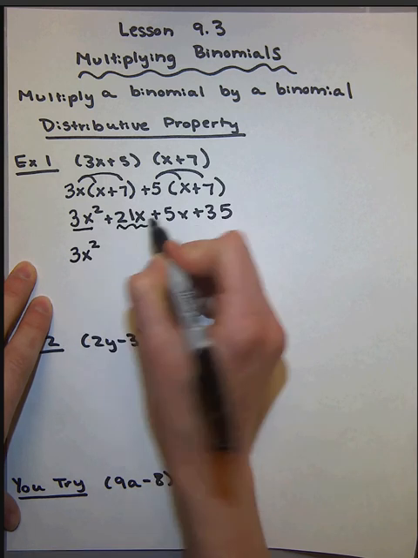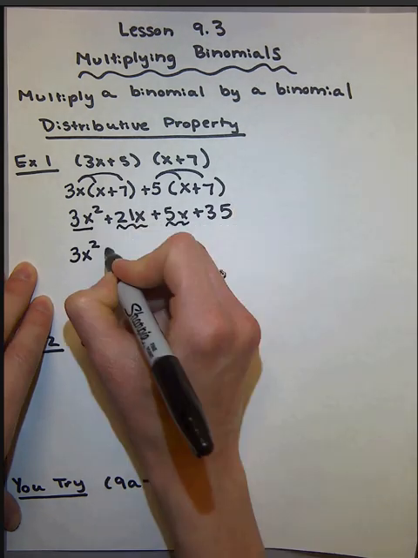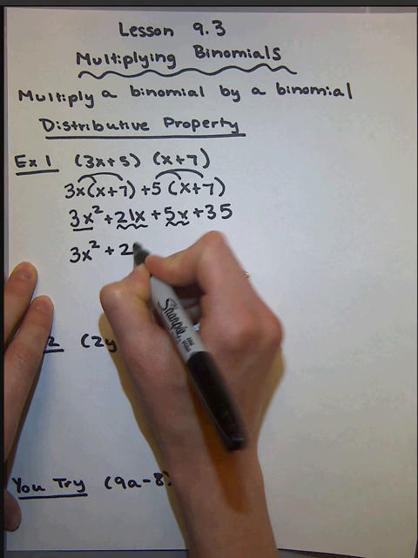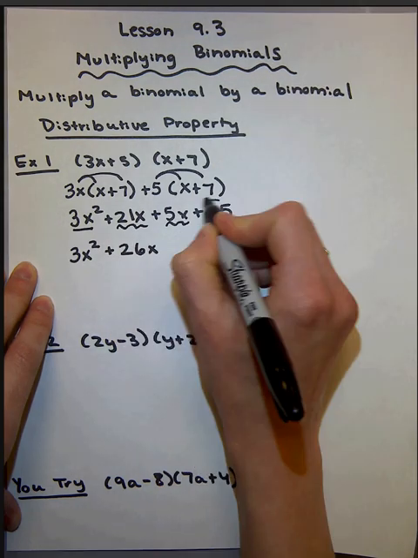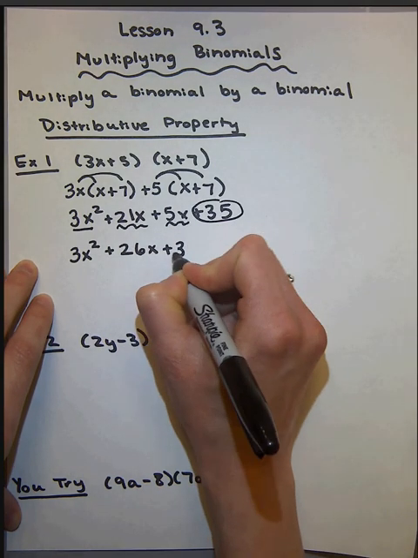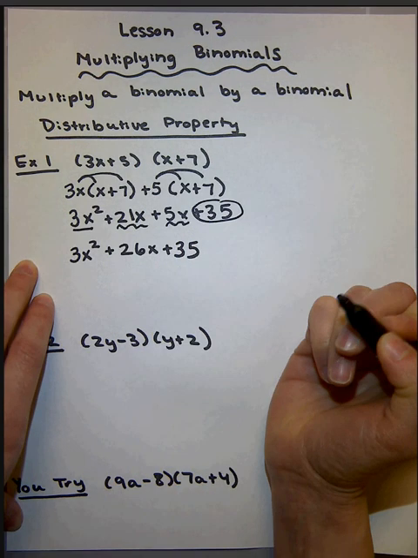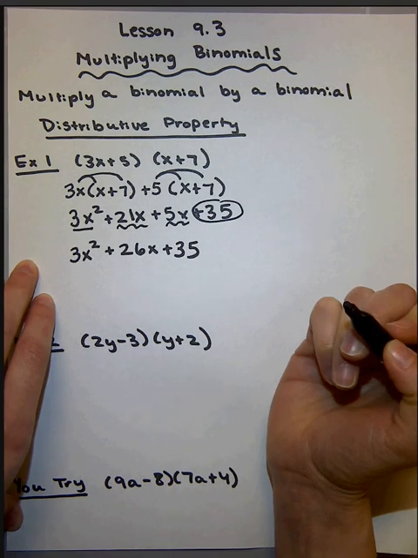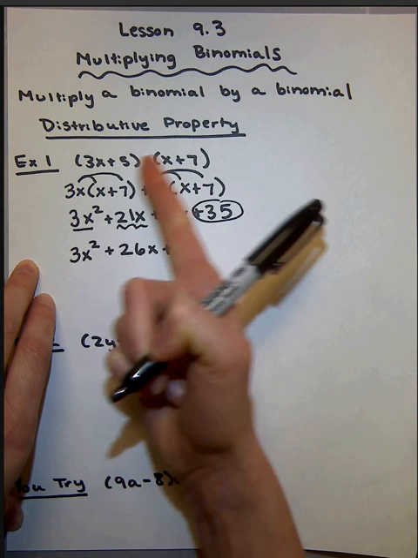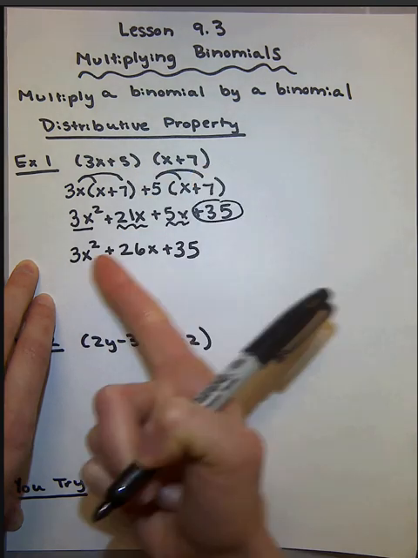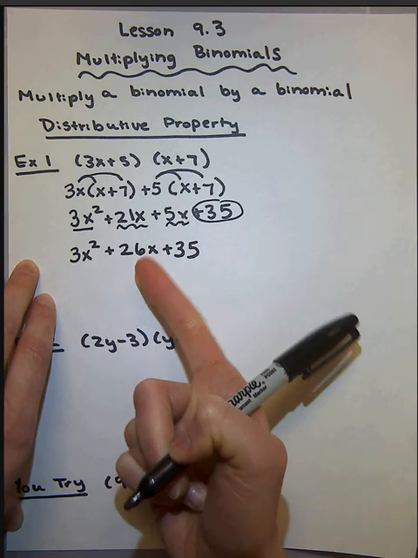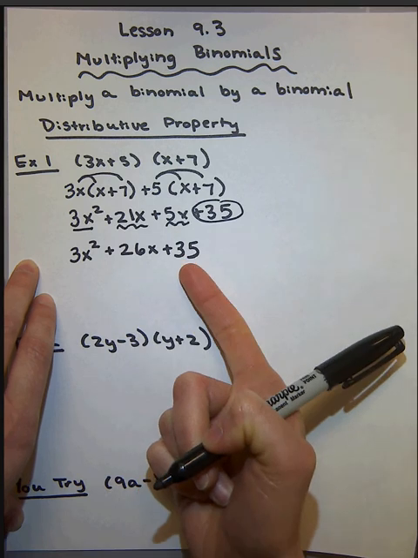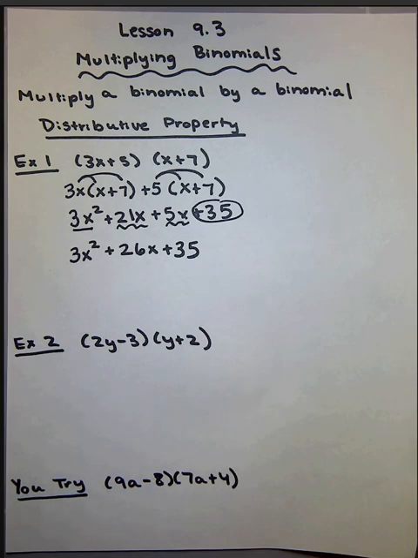I have a 21x and a 5x, and those are like terms, so I'm going to add those up to get 26x, and then that constant 35 is by itself, so I just drop it. So I've used the distributive property to multiply a binomial by a binomial, and I got 3x squared plus 26x plus 35, which is called a quadratic trinomial.